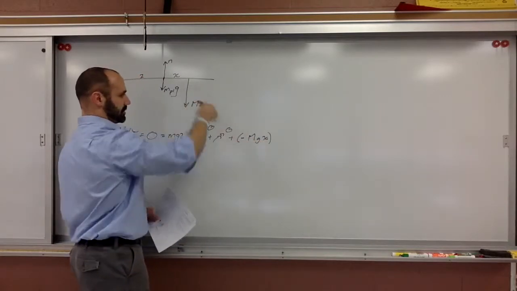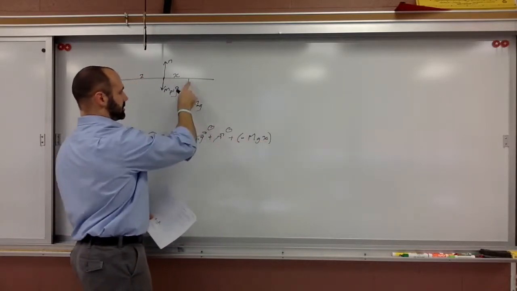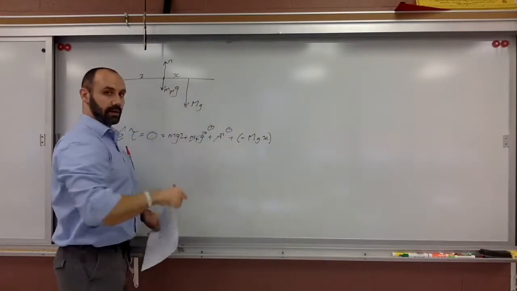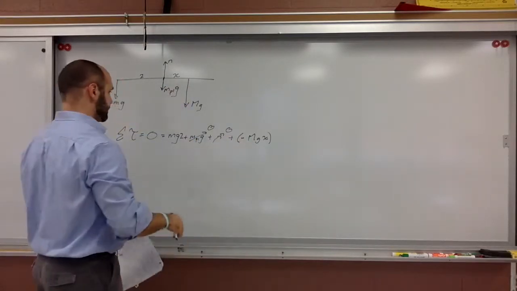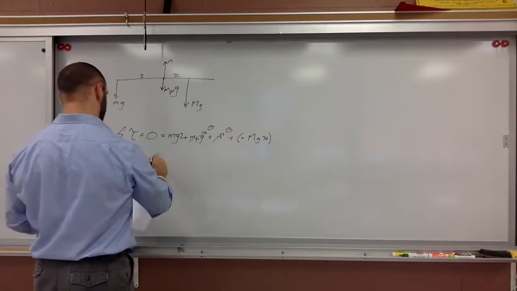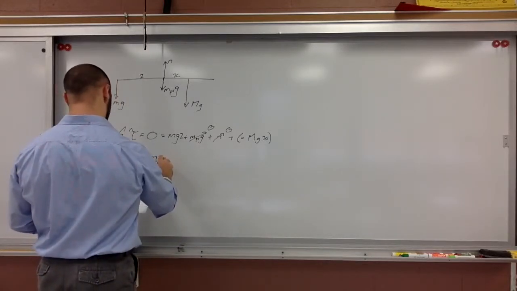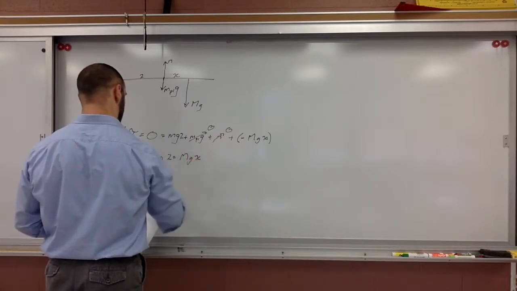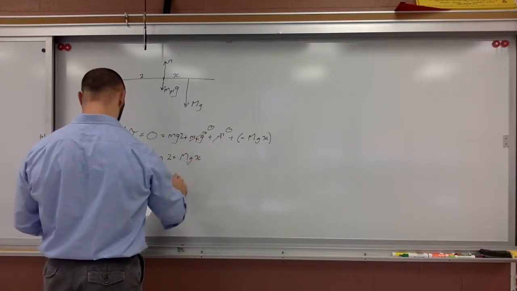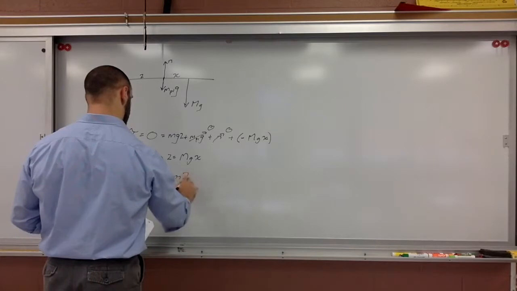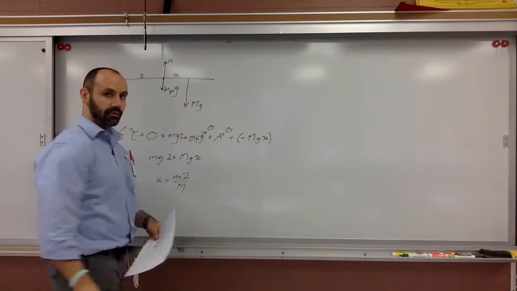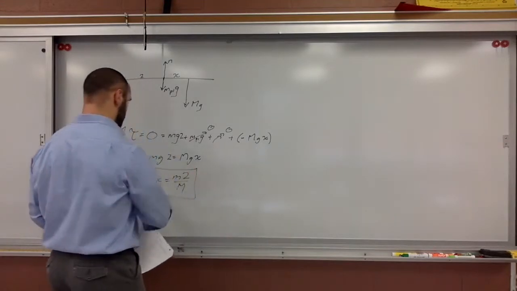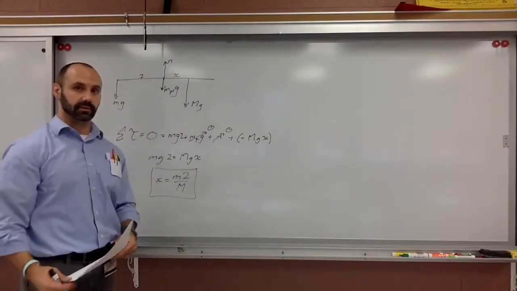This is the weight of the person, and x is the distance from the center. This is negative, because it is turning clockwise. That's a negative rotation. So when you solve, you get mg times 2 equals Mgx, so x equals little m times 2 over big M. And that's the solution to the first question.